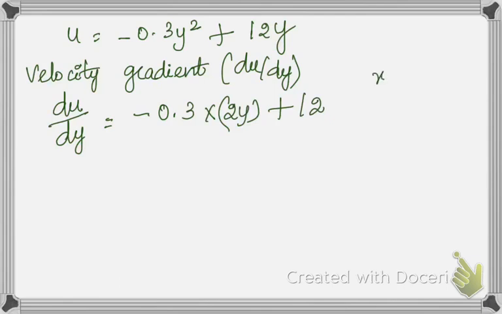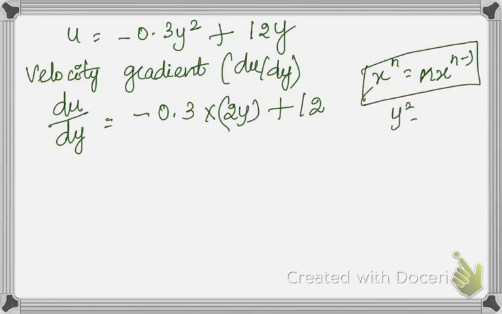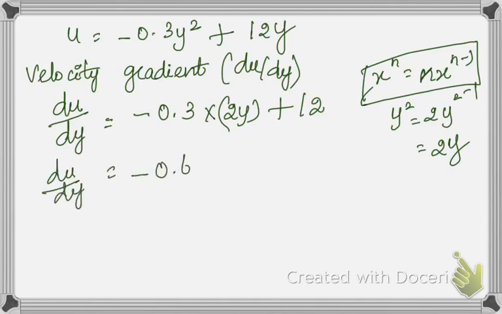The same formula, d(x^n)/dx is equal to nx^(n-1), for differentiation. So here I am having y power 2. So 2 into y power 2 minus 1, which is 2y. So du by dy is equal to minus 0.6y plus 12.